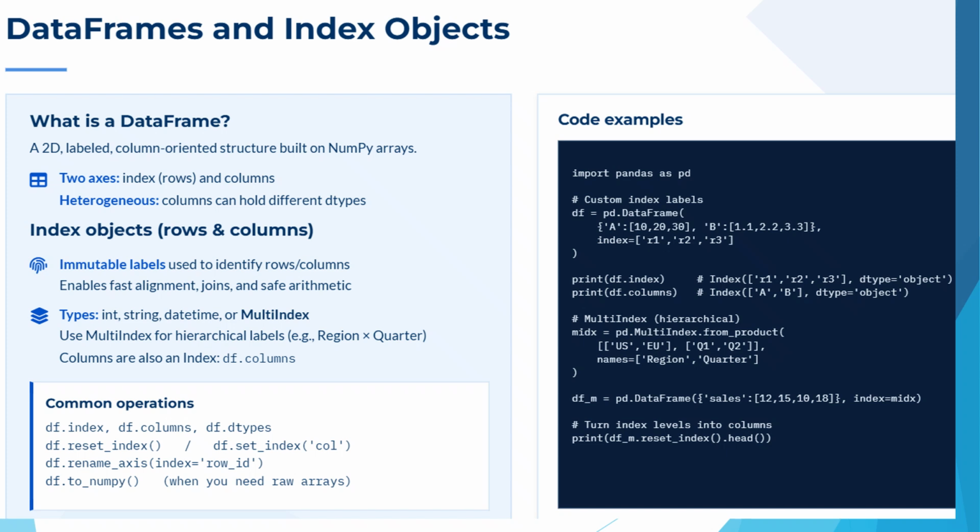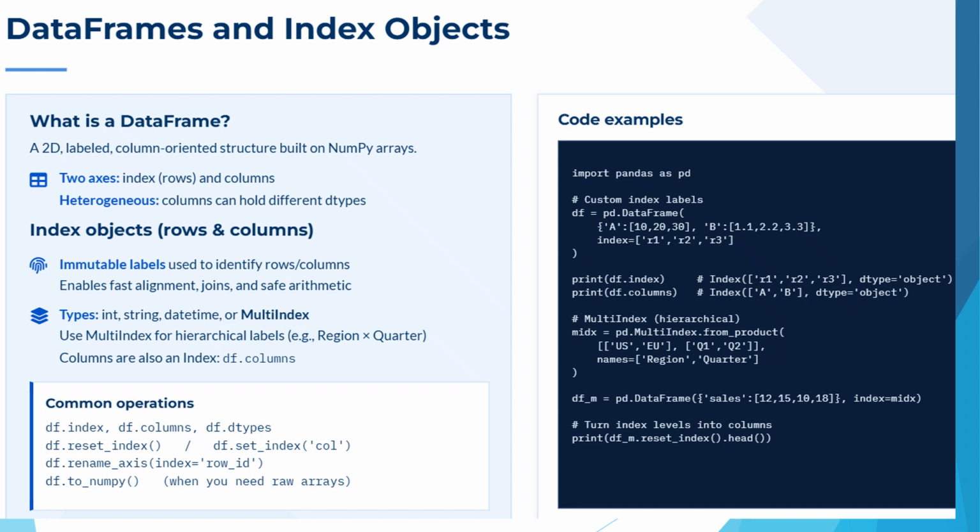The function df.reset_index is used to convert the existing index into a column and replace it with a default integer index, whereas df.set_index allows setting a specific column as the new index for better organization.